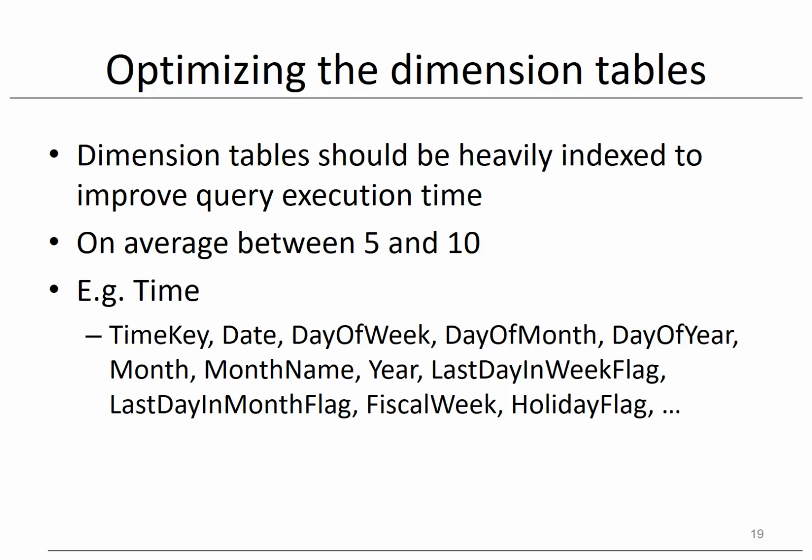A popular dimension table is time, which is included in almost every data warehouse. It can be easily built up front. Here you can see an example of the time dimension definition. As you can see, it contains a lot of date attribute types such as information about day of week, day of month, fiscal periods, holidays, etc.